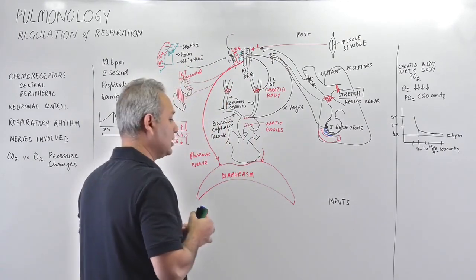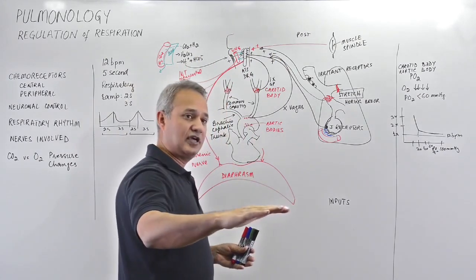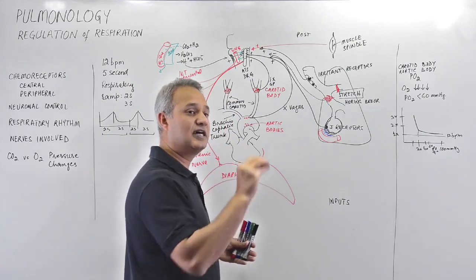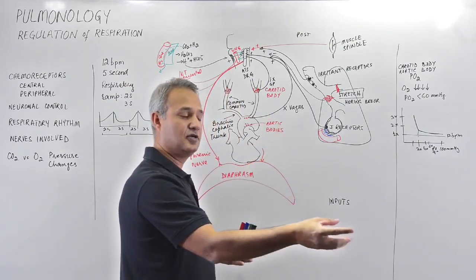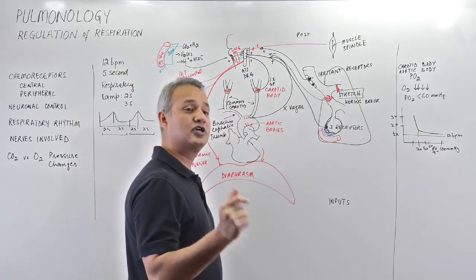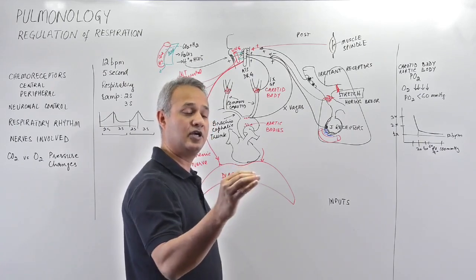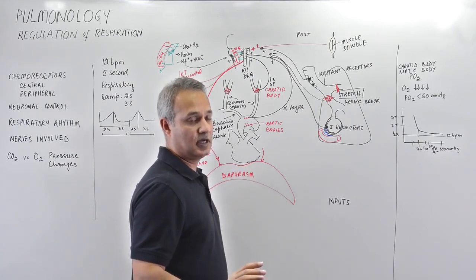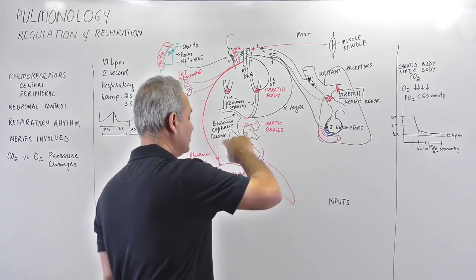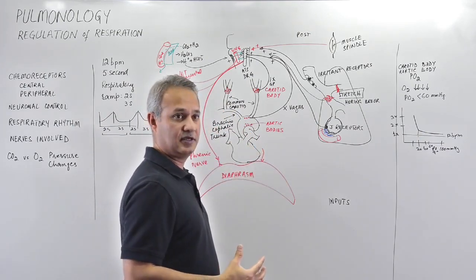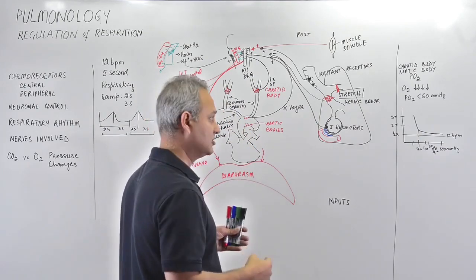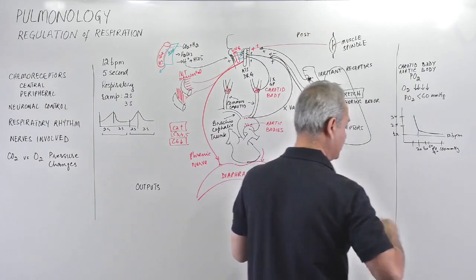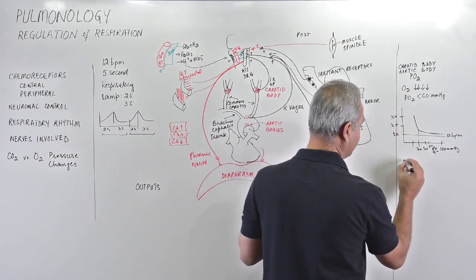So now, in normal quiet breathing, carbon dioxide has an effect. So we say that quiet breathing is triggered and controlled by carbon dioxide levels. However, forced breathing can also be because of oxygen. So let's look at the carbon dioxide graph over here. Compare that to the PO2 graph.